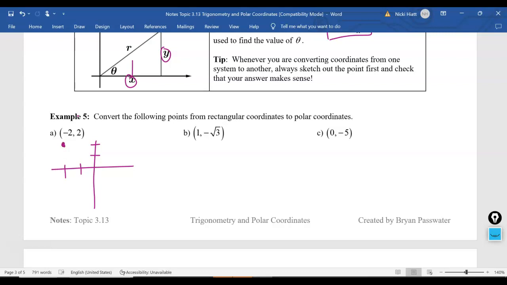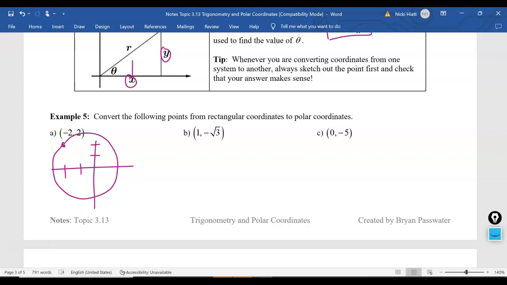So you already can kind of get a picture of what that's going to look like on a polar graph. You should be in the second quadrant, so you're looking at angles that fall somewhere in that second quadrant, and then you're going to have a radius there that's going to be more than 2 for sure, but not a lot more than 2.